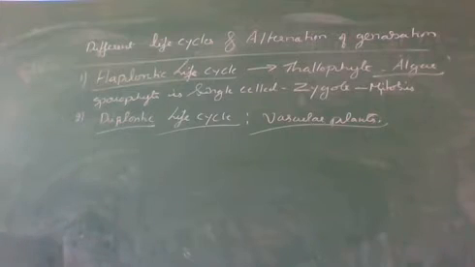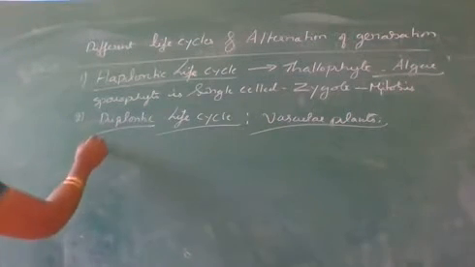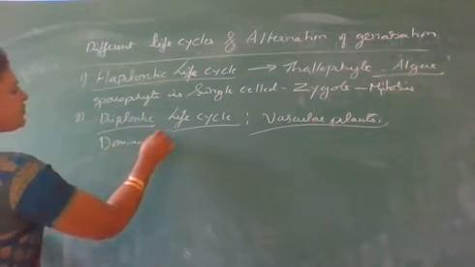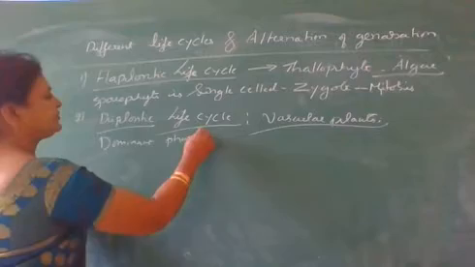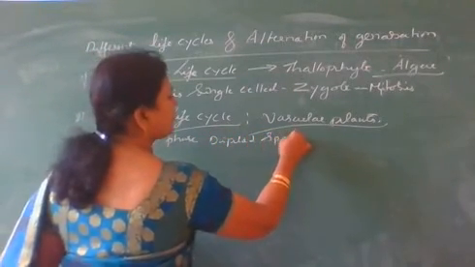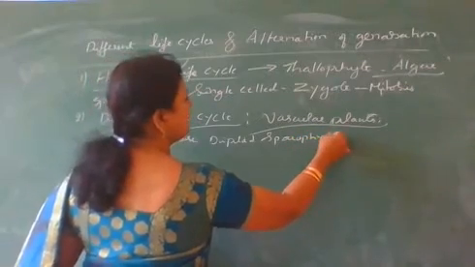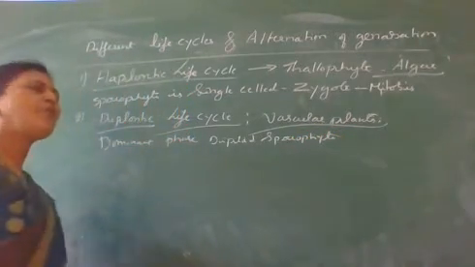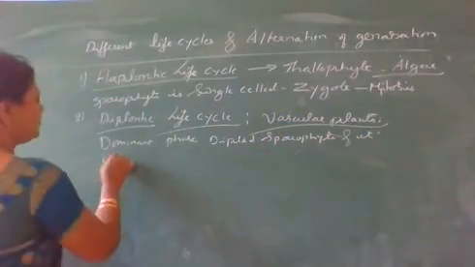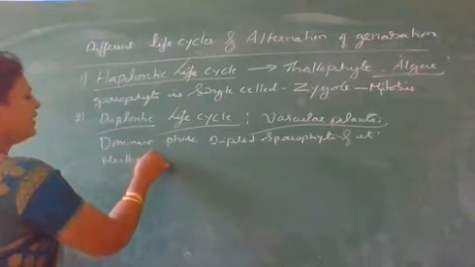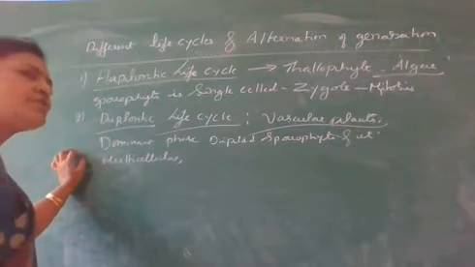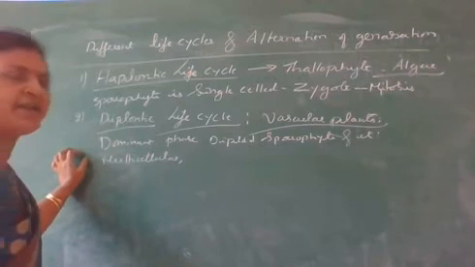Now, in case of diplontic life cycle, the dominant phase is the diploid sporophyte, which is multicellular, well differentiated, photosynthetic and independent.